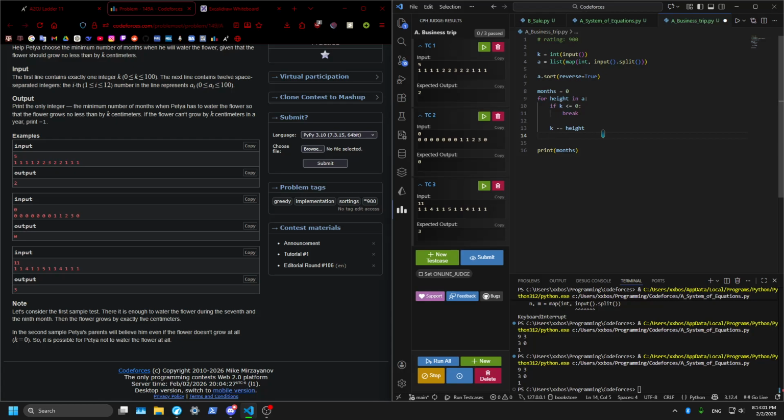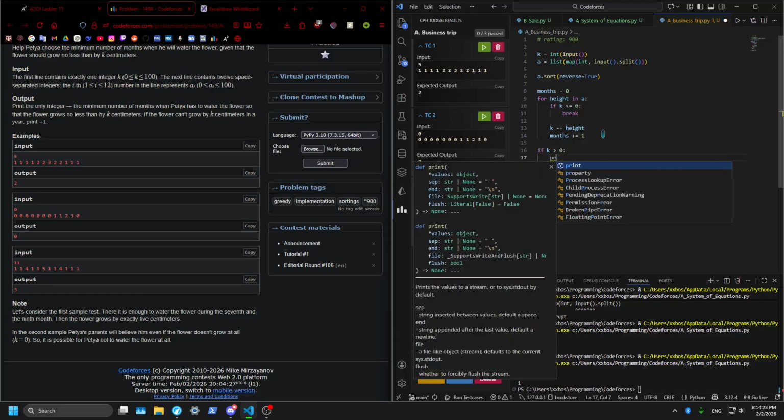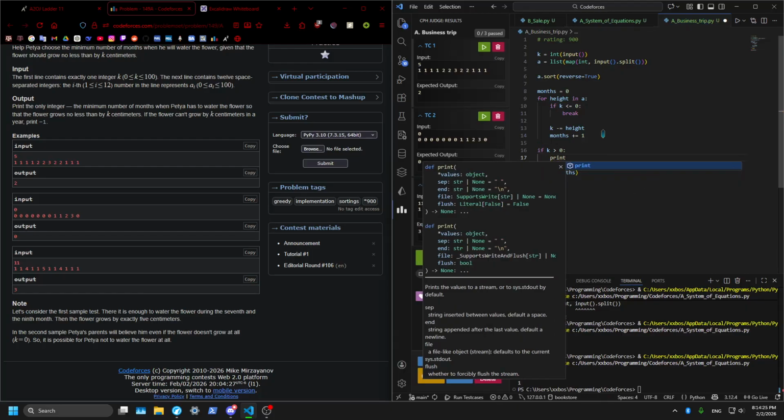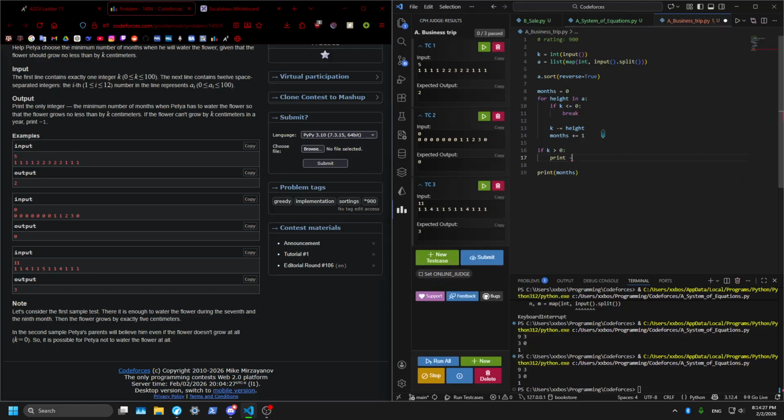Months plus equals 1. If k is greater than 0, print negative. Hold on a second.